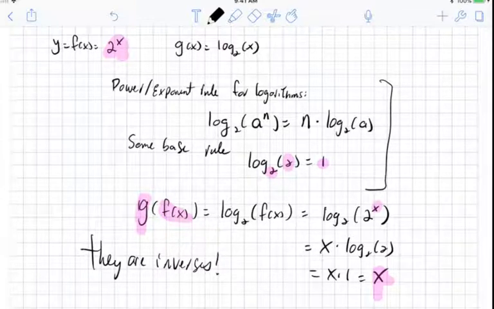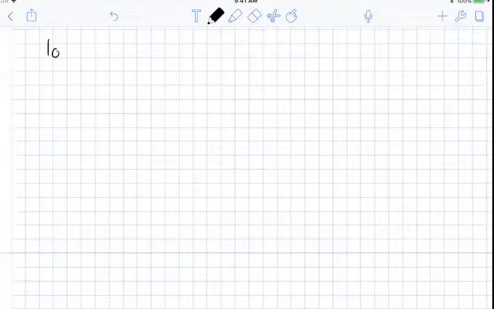Now, before I go on any further, there's lots of different types of logs, right? Log base 2 of x is different than log base 10 of x.